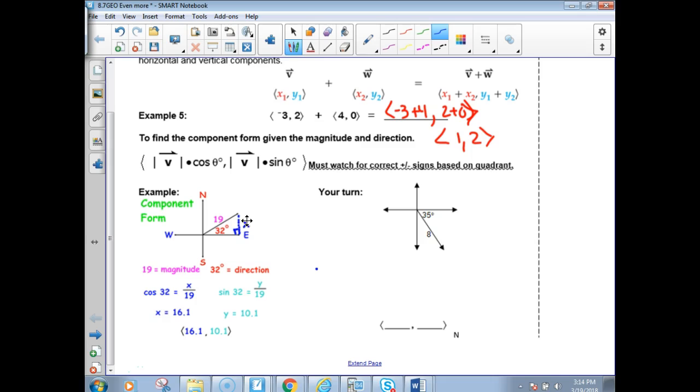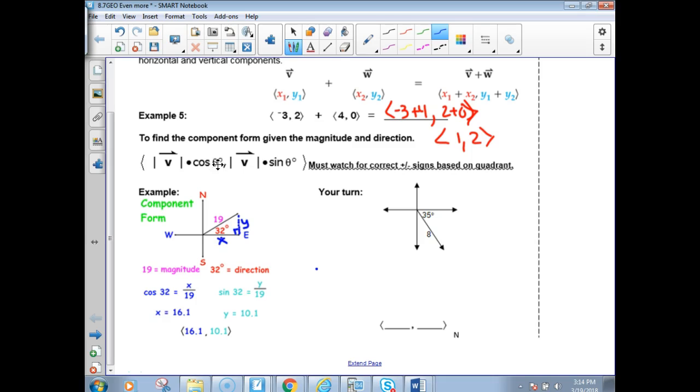This is your change in your y's, and this is the change in your x, horizontally. So if you were going to find x, you'd use the cosine, because it's adjacent and hypotenuse. Cosine of 32 is x over 19. You would multiply 19 times the cosine of 32.